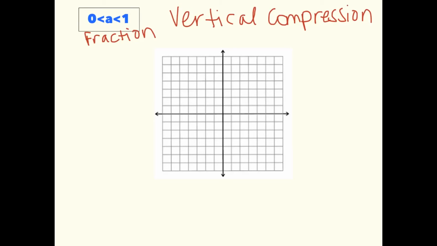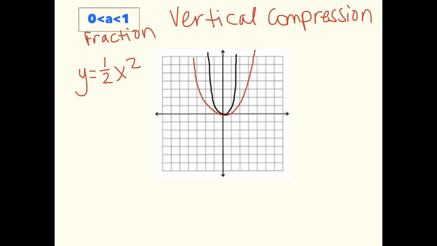With the example of the quadratic, here's the parent function. When you compress it, when you make it y equals, let's say, 1/2 x squared, so now our a is a fraction, or it's between 0 and 1, it gets compressed, so you're smashing or compressing this graph down, which makes, in the case of the quadratic, it wider.